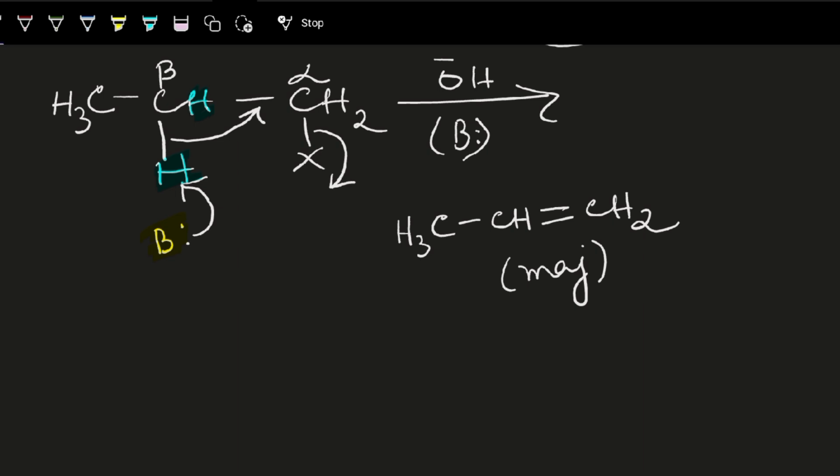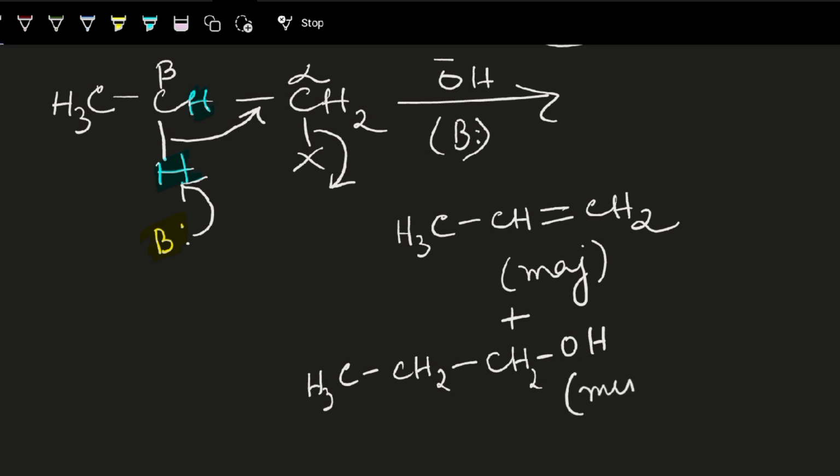So what will be the minor product? Minor product is the substitution product. And what is it? It is CH3, CH2, CH2OH. This is the substitution product and this is your minor product.